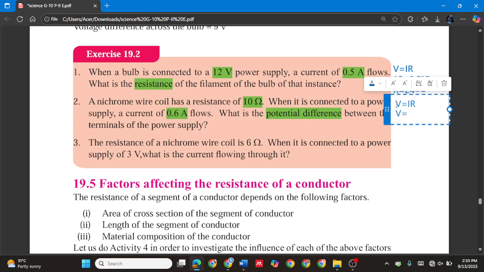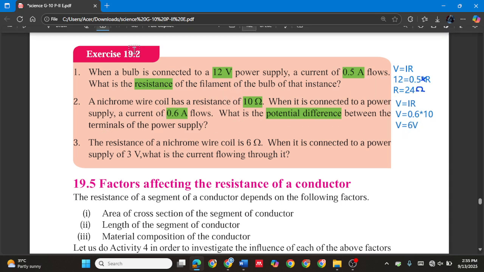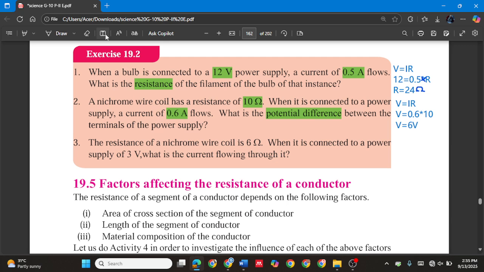You have the value for I, it is 0.6, and you have to multiply this by R, which is 10. So we end up with the answer for V, it is 6 volt. This is the answer for this question, and let's move to the next question.